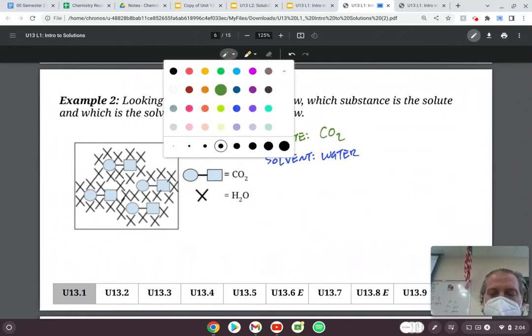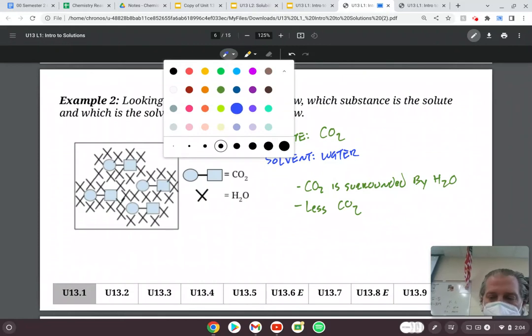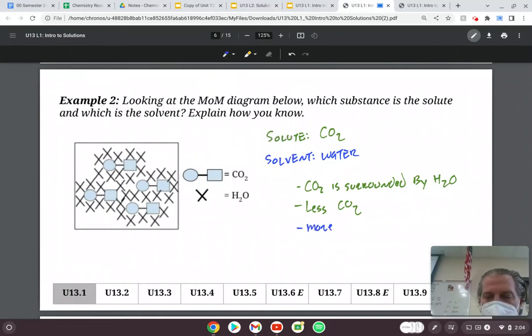Some evidence for that is that CO2 actually is surrounded by water in the picture. There's less CO2 than water, meaning there's more water.